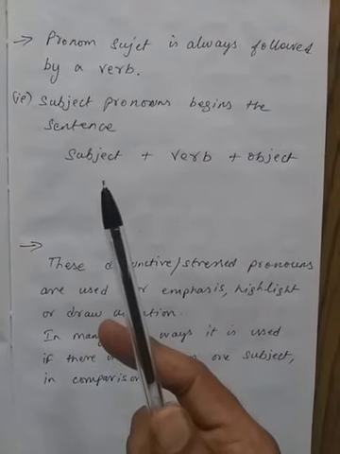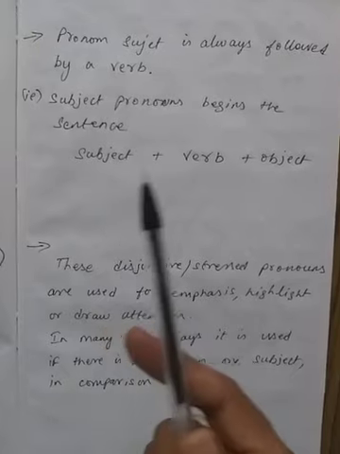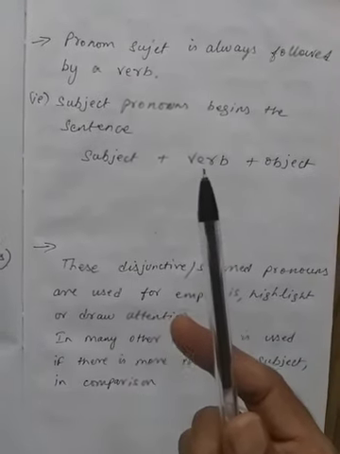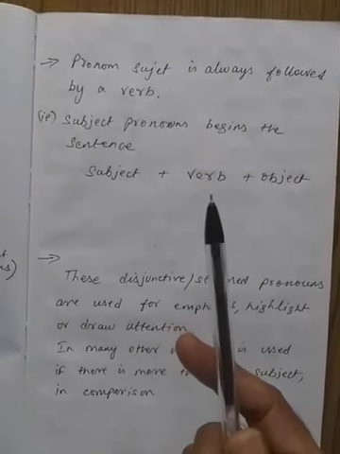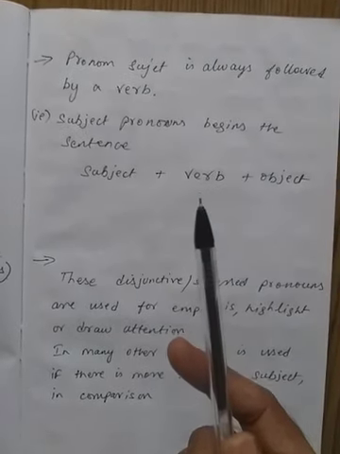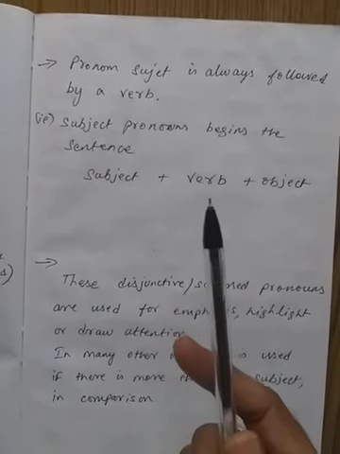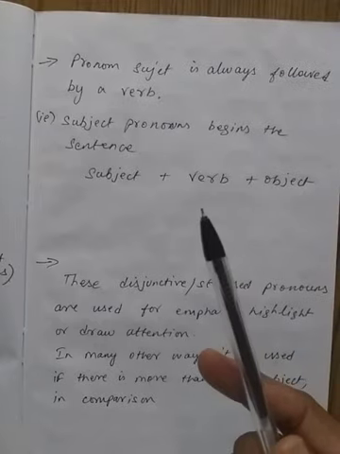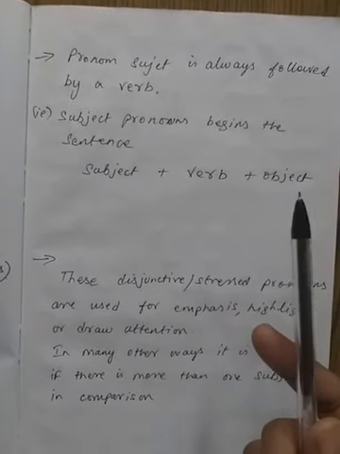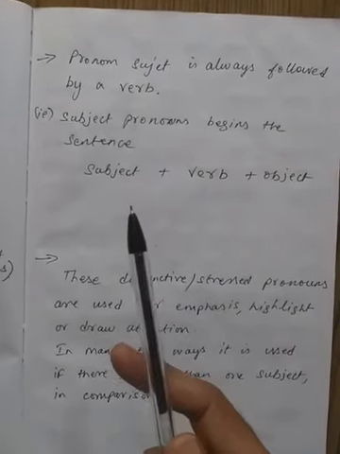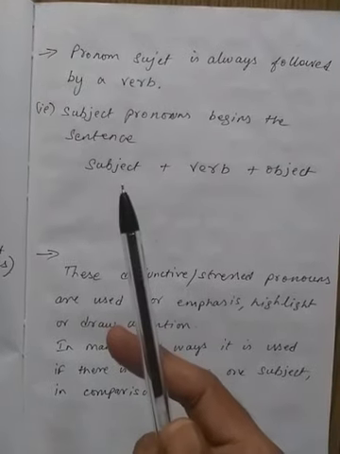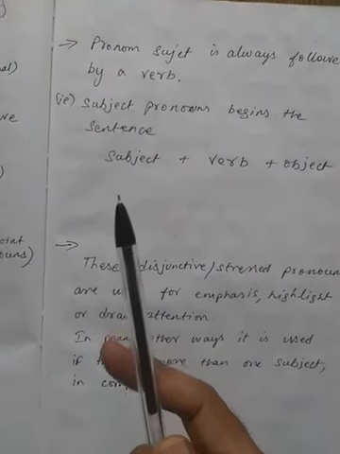In the subject place, we use the subject pronouns, then the verb. Just as in English you use verbs to tell about an action, like that you use French verbs to tell about any action you are doing. Then follows the object. The subject pronoun will always come before the verb.